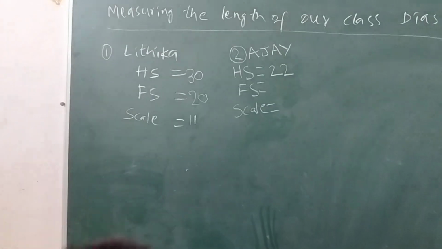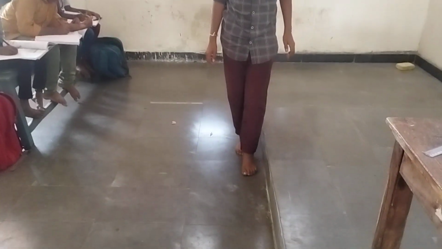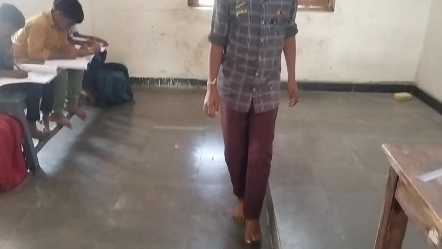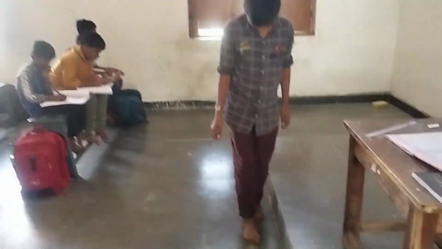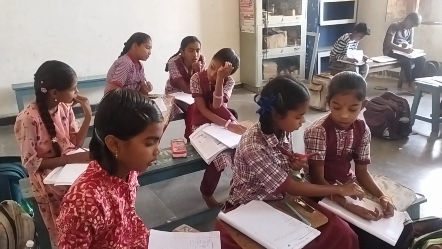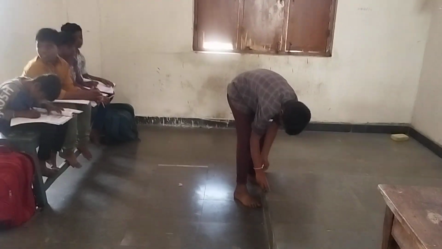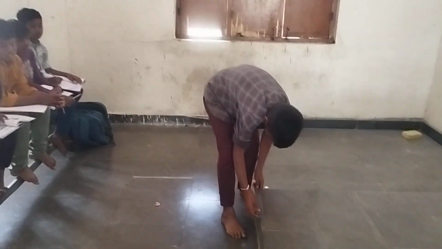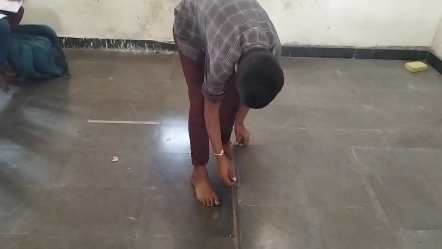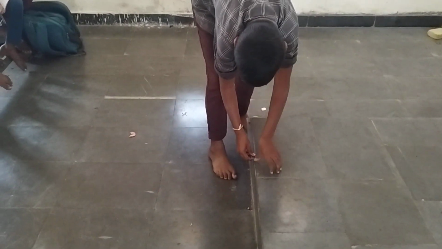Okay, now you measure with foot span. How many? 16. Okay. Now Ajay has taken the 30 centimeter scale and is measuring the length of the dais.